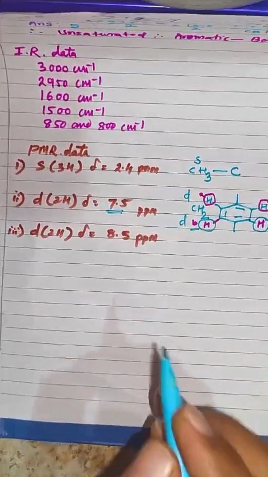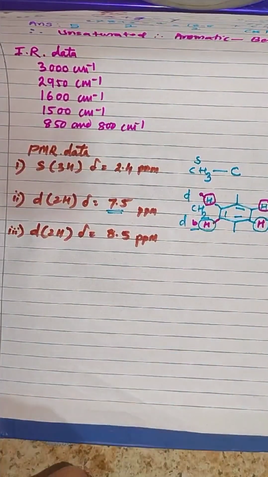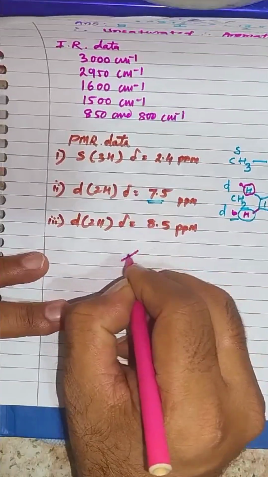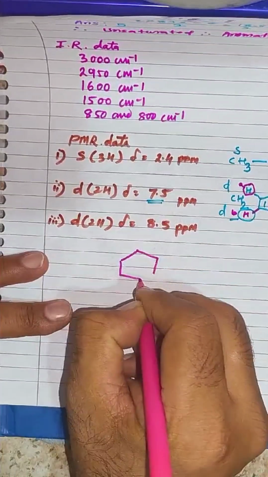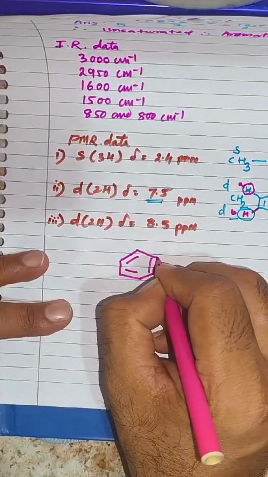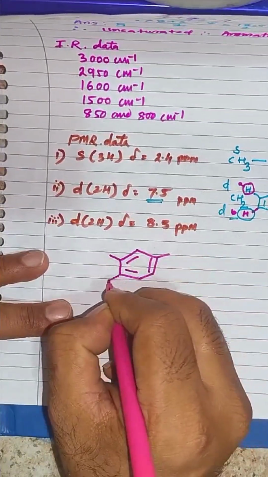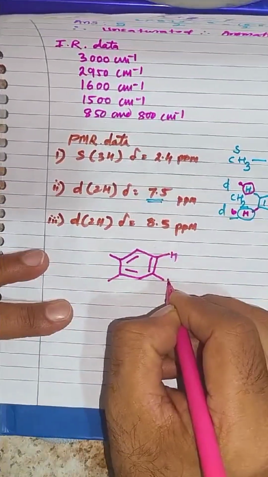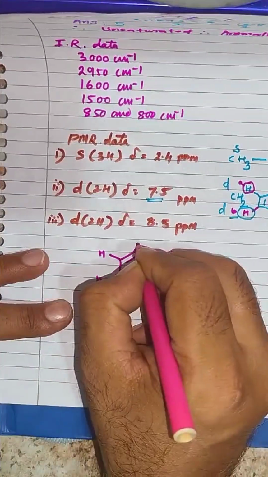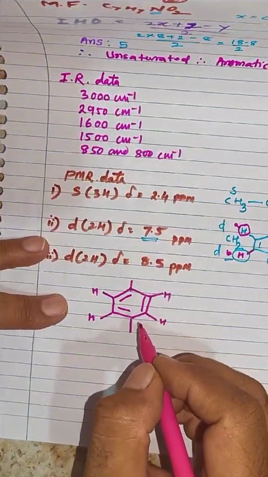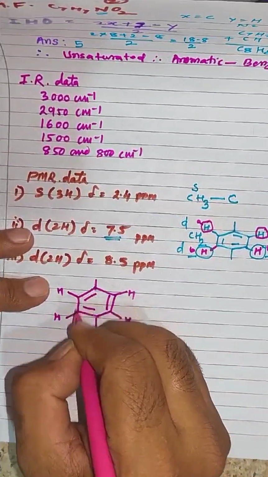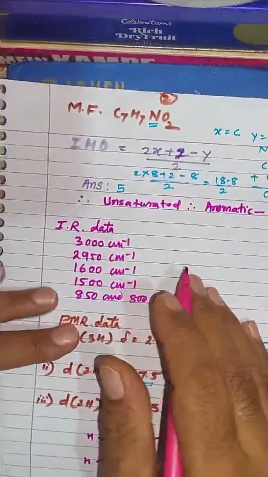Now we can join these two fragments. How can we join them? I take benzene, which is para substituted, one proton here, another proton here. Then there is a para substitution. How many carbon atoms are involved here? Six, and how many are present? Seven.